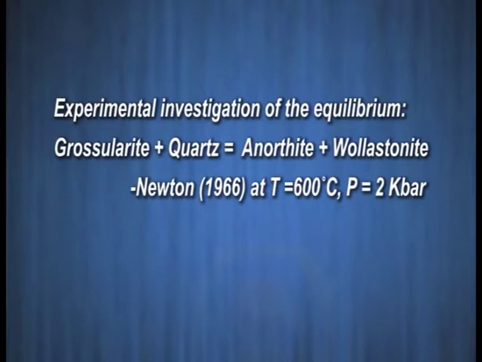This reaction was carried out by Newton in 1966 at a temperature of 600 degrees centigrade and a pressure of nearly 2 kilobars. It supports the possibility that in the pyroxene hornfels facies, the stable assemblage of pure phases is anorthite plus wollastonite, and grossularite plus quartz is no longer stable.